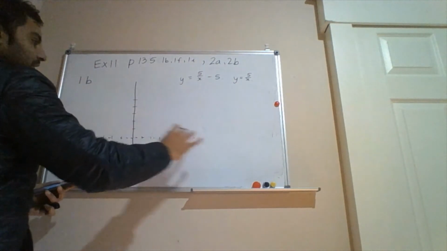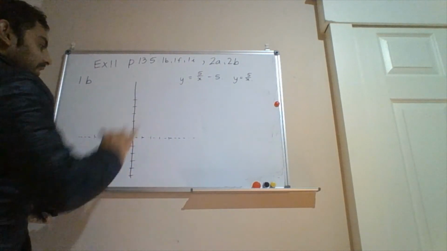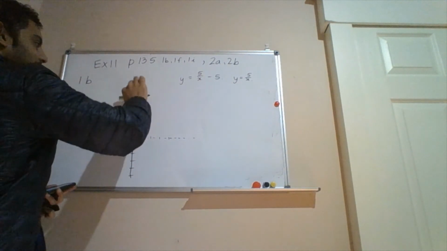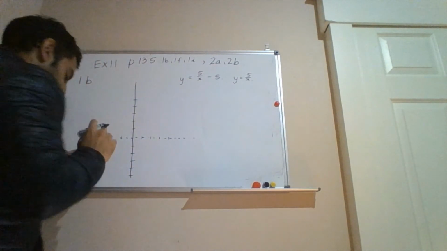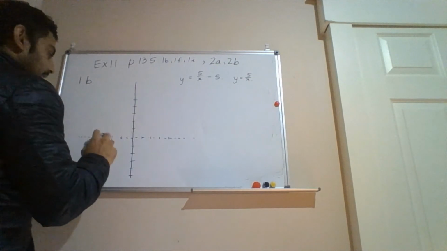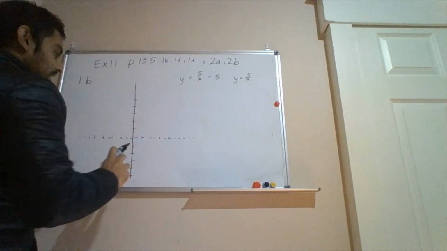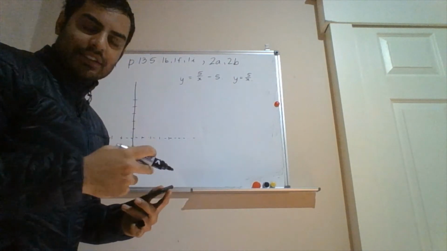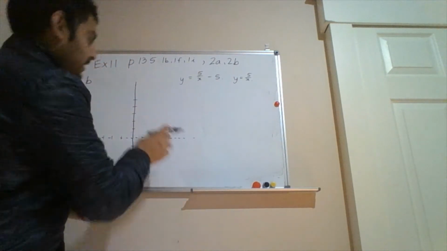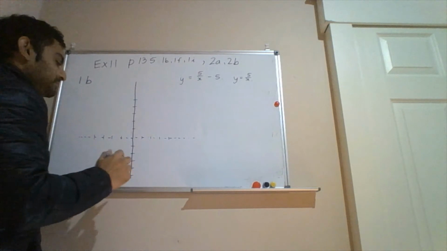So I'm going to do that on this set of axes, and then I'm going to move the x-axis 5 up. The points I've got and the scale I've used are to try and help me so I don't get these difficult fractions to work out between these intervals.